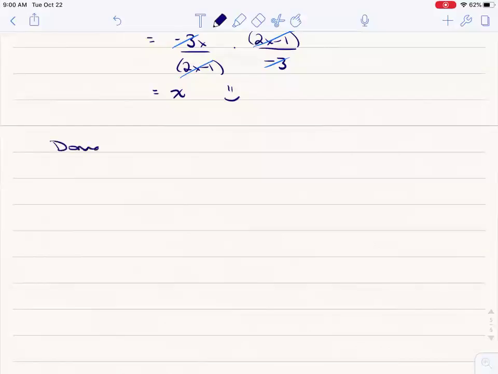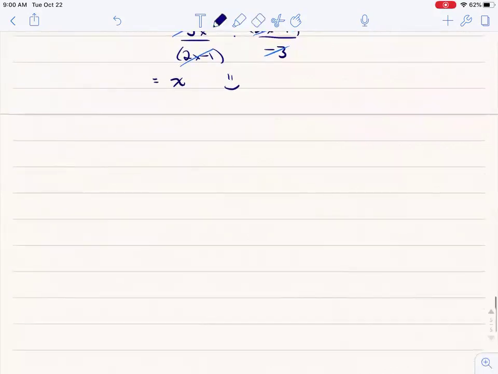The domain, well, actually, let's write out our original functions again, because as you pointed out, they're the same. It's not even negative signs, just swapping them.